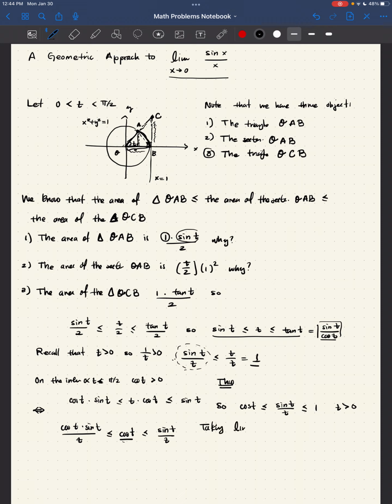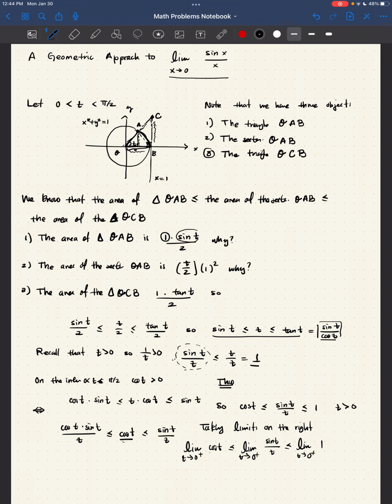Taking limits on the right, we get this. The limit as t tends to 0 on the right of the cosine of t is less than or equal than the limit as t tends to 0 on the right of sine of t over t, which is less than or equal than the limit as t tends to 0 on the right of 1.